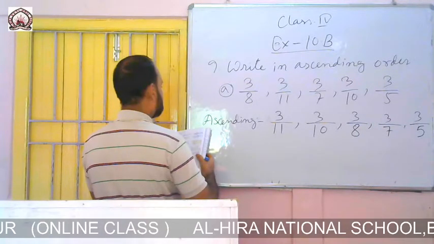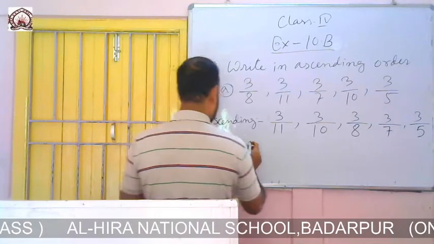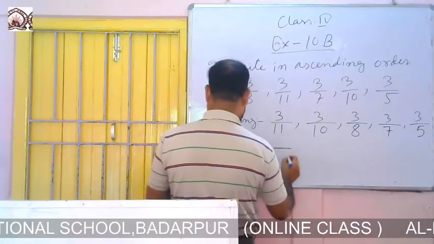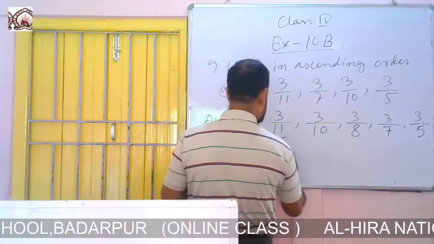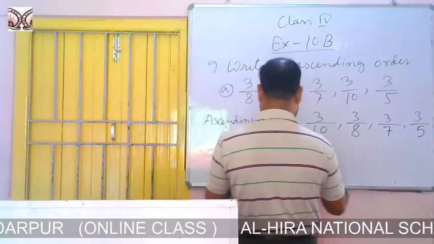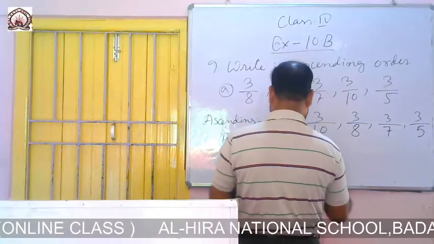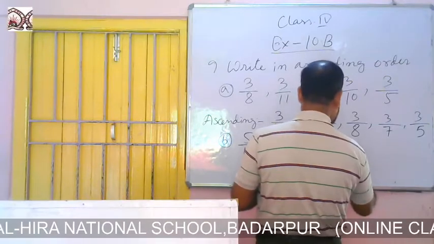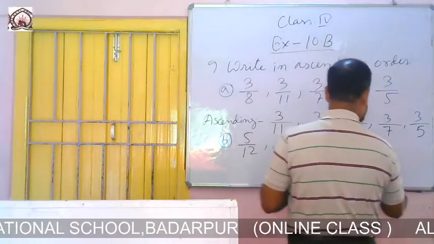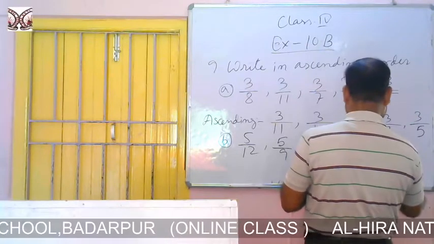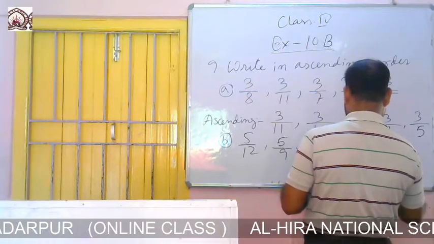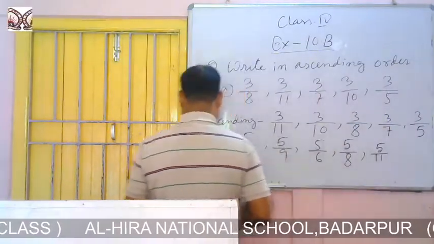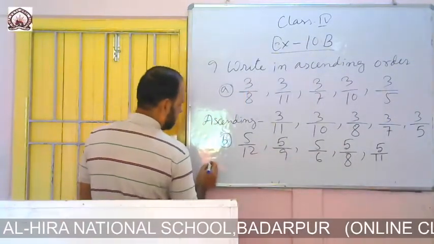Next, question number B: 5 by 12, 5 by 9, 5 by 6, 5 by 8, 5 by 11.